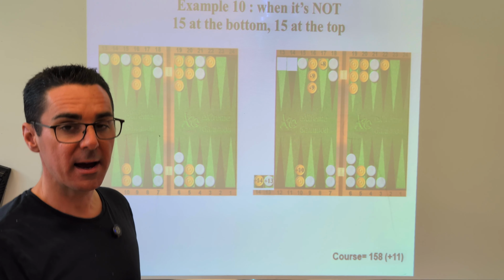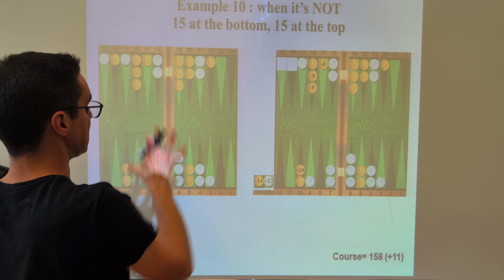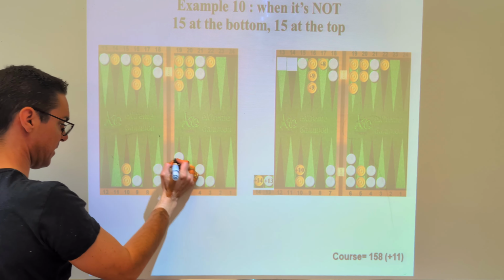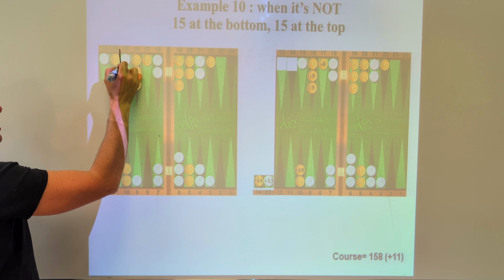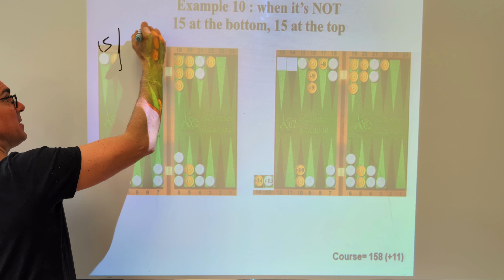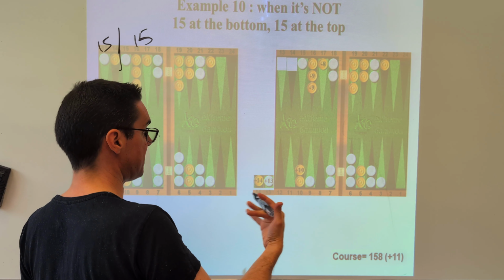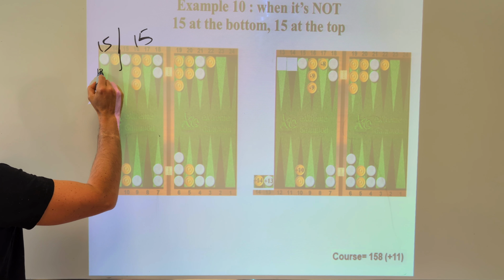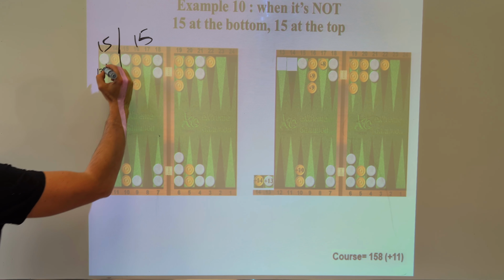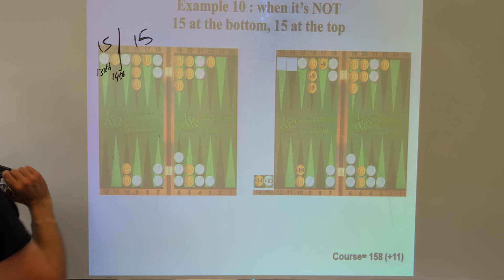Now, we are in the case when it's not 15 at the bottom and 15 at the top. For example, 5 here, 5 checkers here, and 5 checkers here. Here it's 15, and the other 15 checkers are here. So you have to imagine that this one is the 13th pip, and this one is the 14th pip.